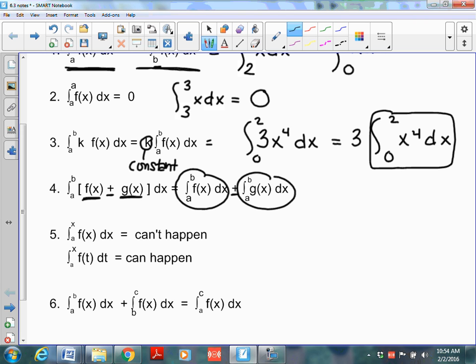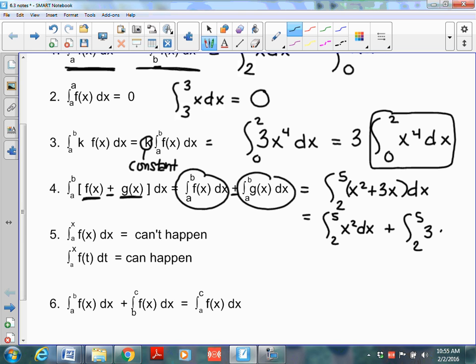For example, let's say you're going to integrate from 2 to 5 x squared plus 3x dx. And I don't know why you would do this, but maybe you want to split them up and just find the area of just x squared dx from 2 to 5. And then also find the area from 2 to 5 of 3x dx. And then find the two areas and add them together. It's just another property.